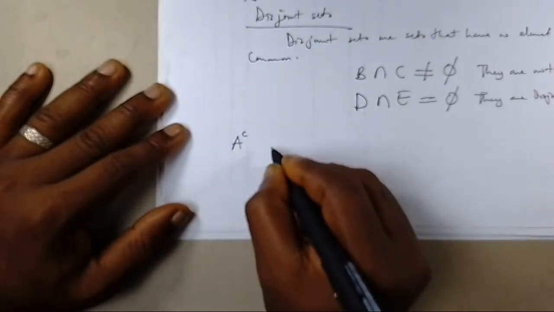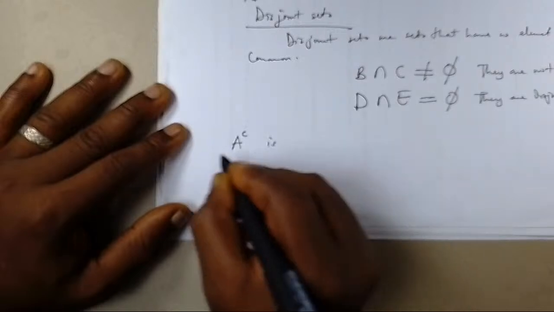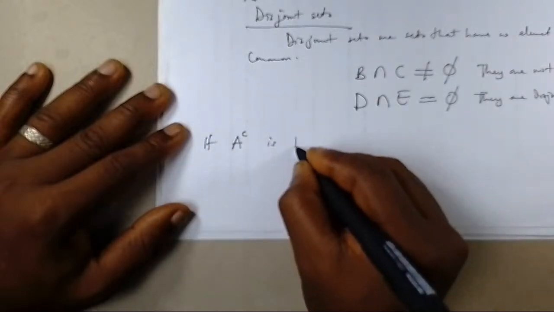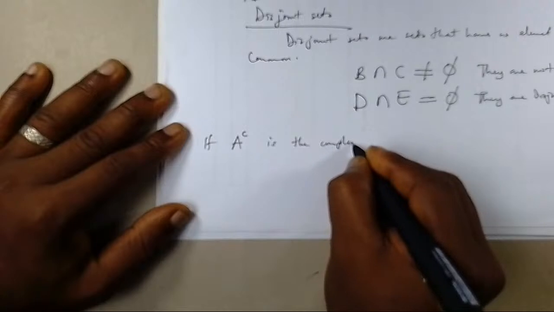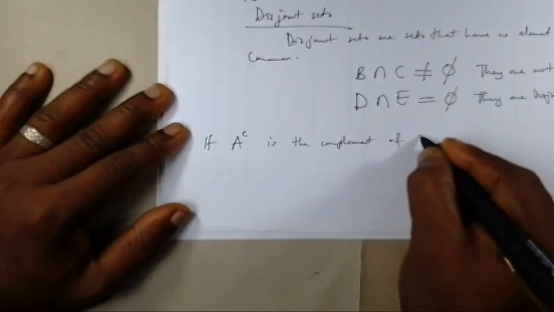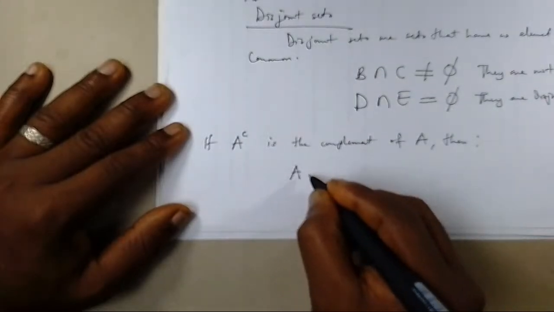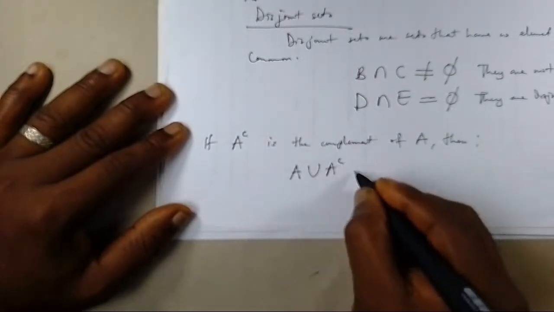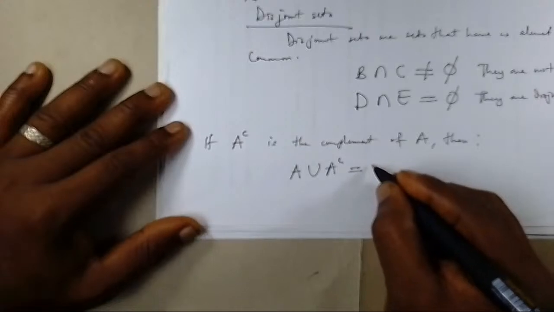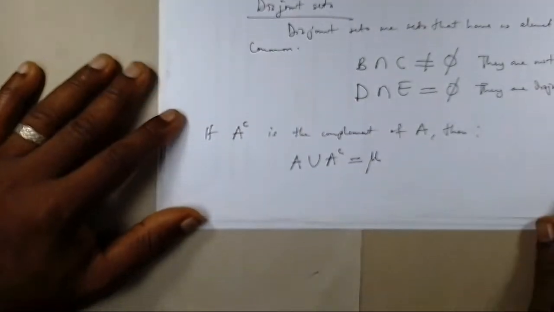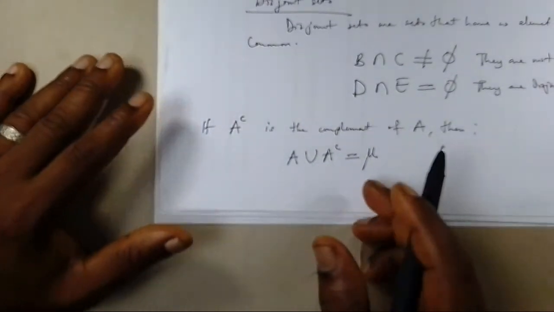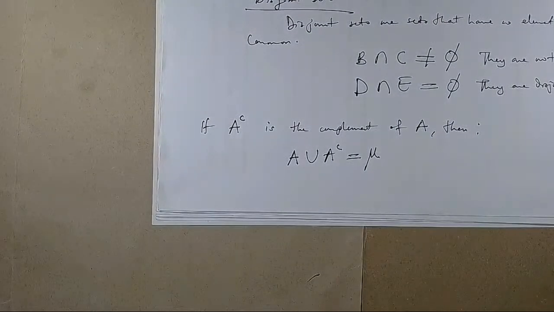If A^C is the complement of a set A, then A union A^C will give us the universal set. So if you combine a set with its complement, it will give you the universal set.